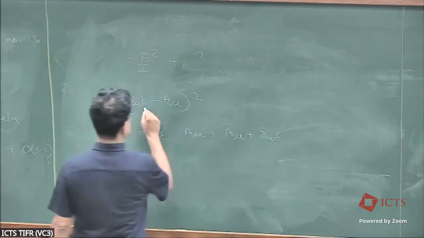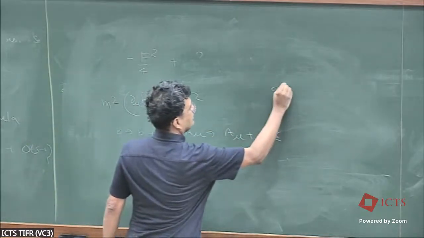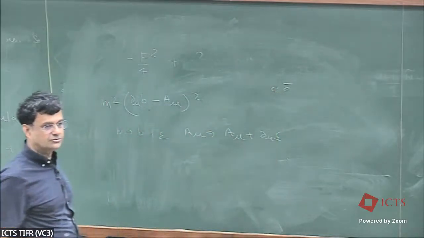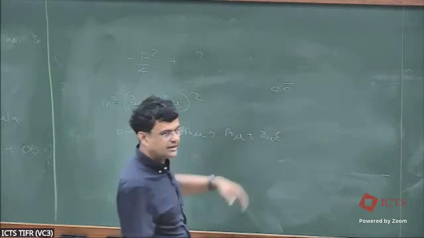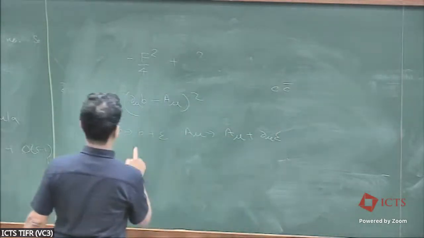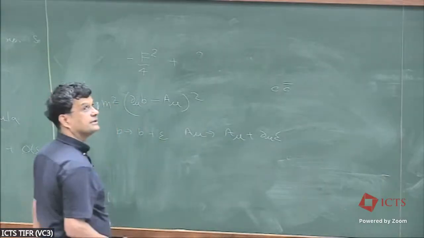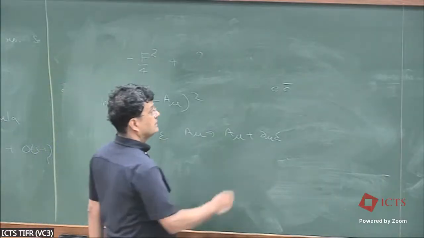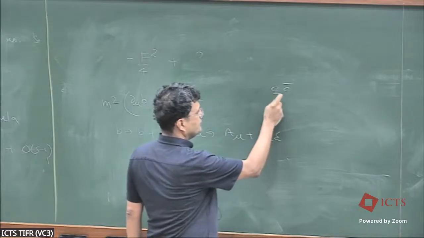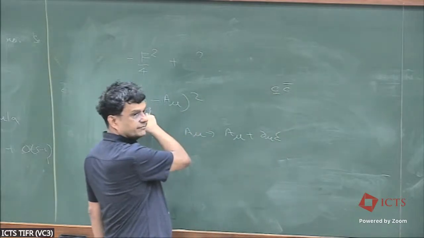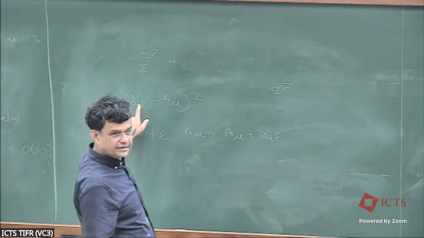Another way to say it is that you introduce some ghosts c, c bar, and the gauge fixing condition. I may be able to reproduce it, but basically, the main point is that the ghost fields don't have a derivative, whereas the B field has a derivative.